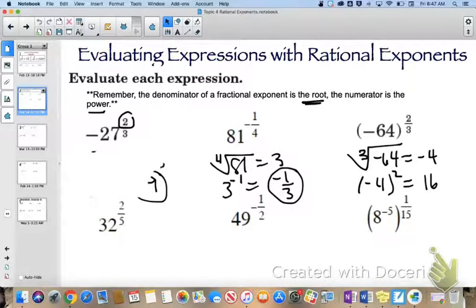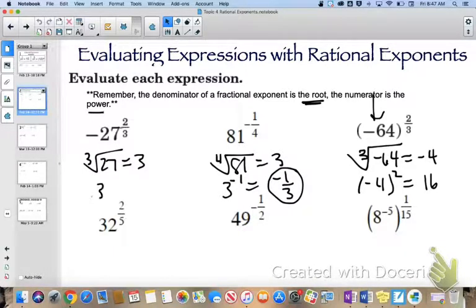We're not going to do the negative, it just stays as part of your answer. So sorry about that. It occurred to me this one is in parentheses. This one, we're going to do the cube root of 27 is 3. 3 squared is 9. This means we're looking for the negative, so it is negative 9.